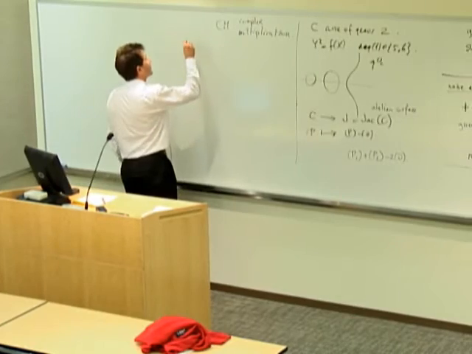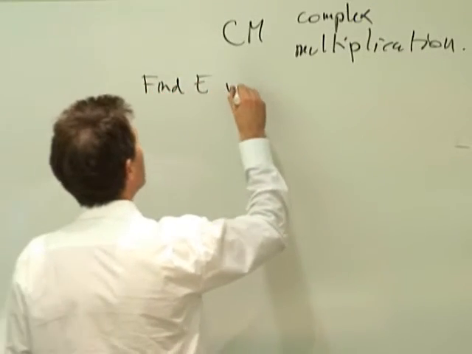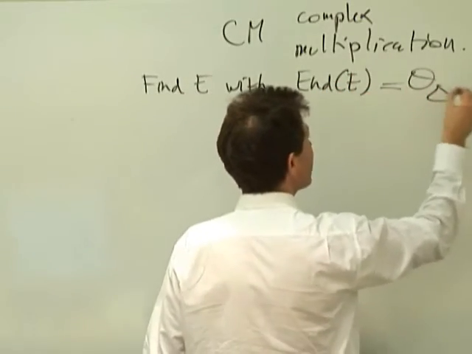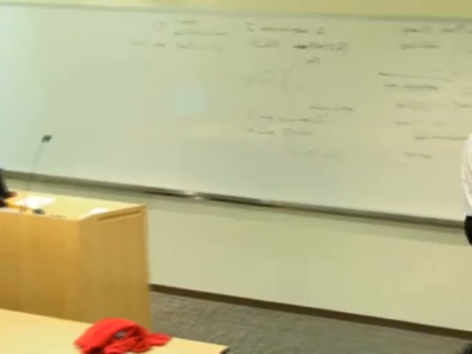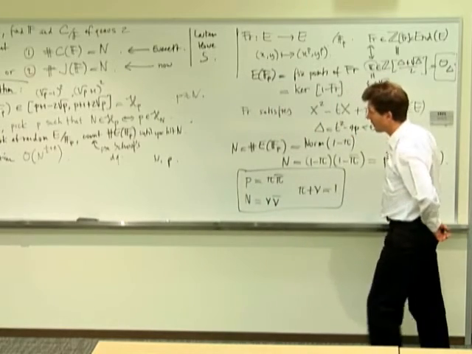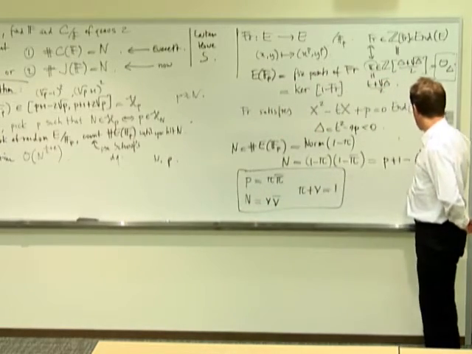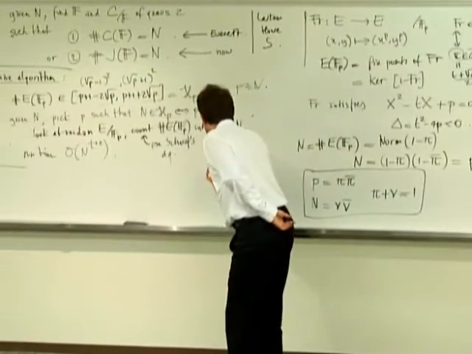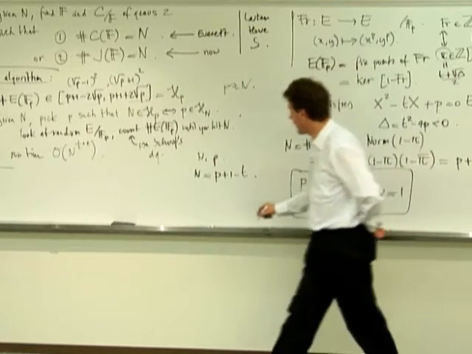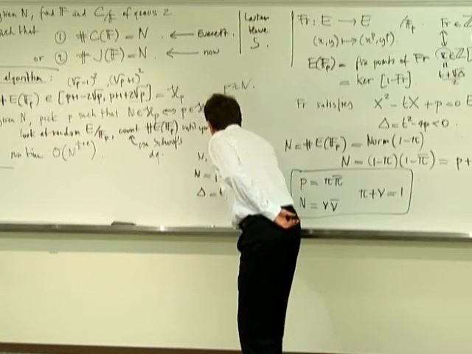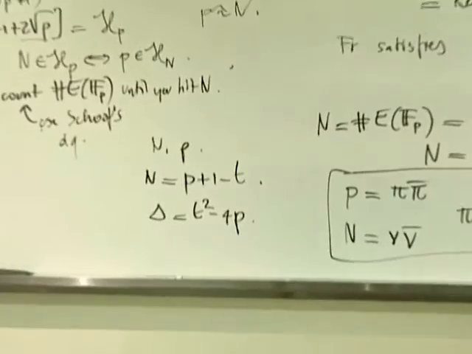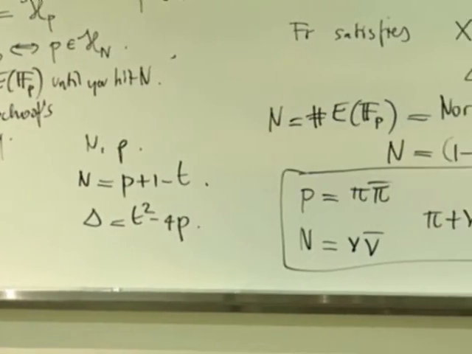So find E with the endomorphism ring of E equal to the right thing, O delta. Given your input, if you have an N and a p, and you want to realize an elliptic curve having N points over Fp, you see from this equation that N equals p plus 1 minus t. So that gives you the desired trace of Frobenius, and then you see that delta, which is t squared minus 4p, is the order in which everything is going to happen. So this is the ring O delta in which you need to find your pi and nu.